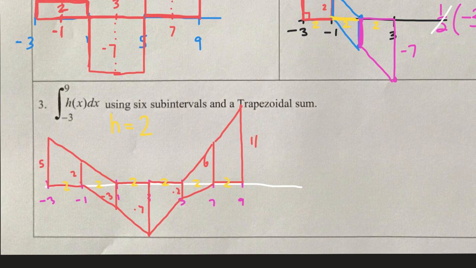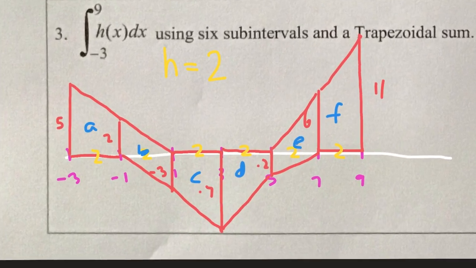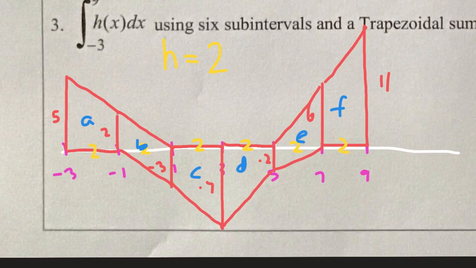I'm going to call these a, b, c, d, e, and f, and compute the area for each of these separate trapezoids and then add them all together. Remember, the area is 1/2 of the left y value plus the right y value times the height, which is the x value. I'm going to do this for all 6 of these and then add them all up.